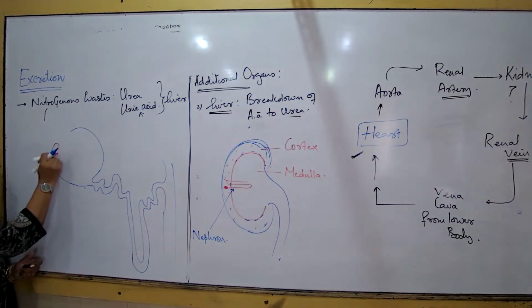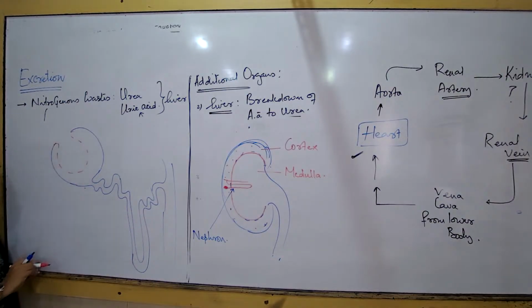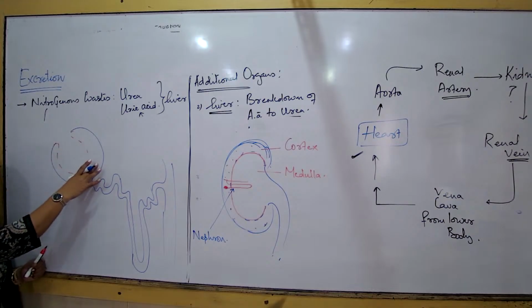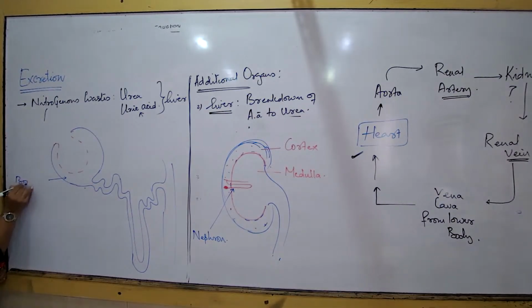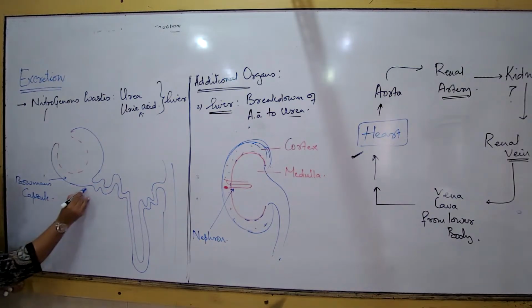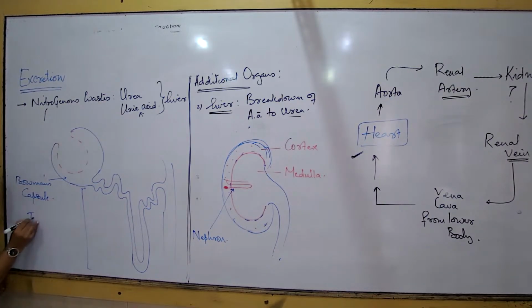So this cup-shaped structure, a double-walled cup-shaped structure, is the basic structure of a nephron. What is this double-walled cup-shaped structure known as? Bowman's capsule. This entire region is known as the tubular part of the nephron.